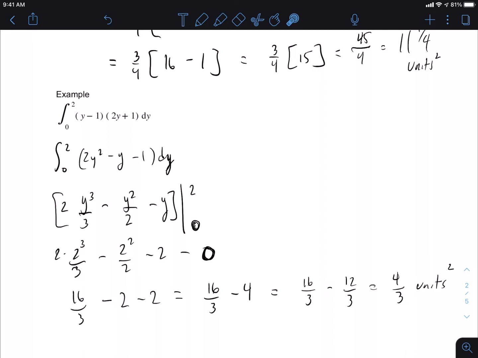So you only apply the lower bound when it's just a variable? No. I applied the 0 here. I just went, what's 2 times 0 to the third over 3? This will be 0, correct? Minus 0 squared over 2. Still 0. Minus 0.